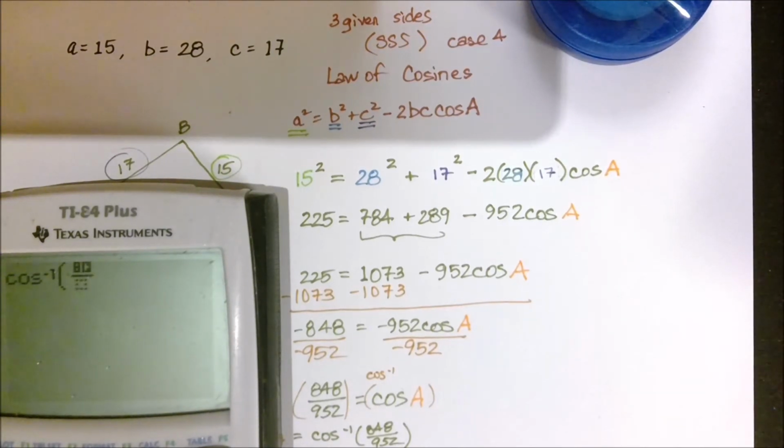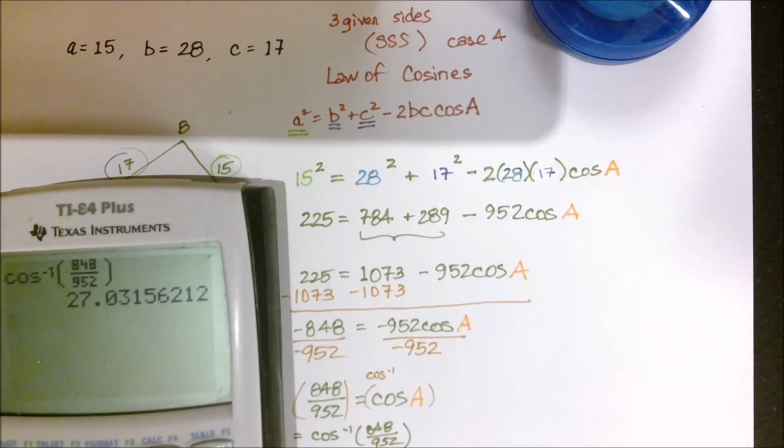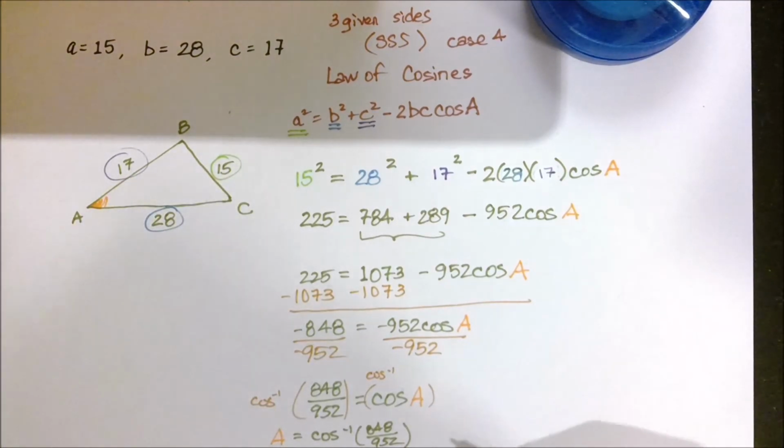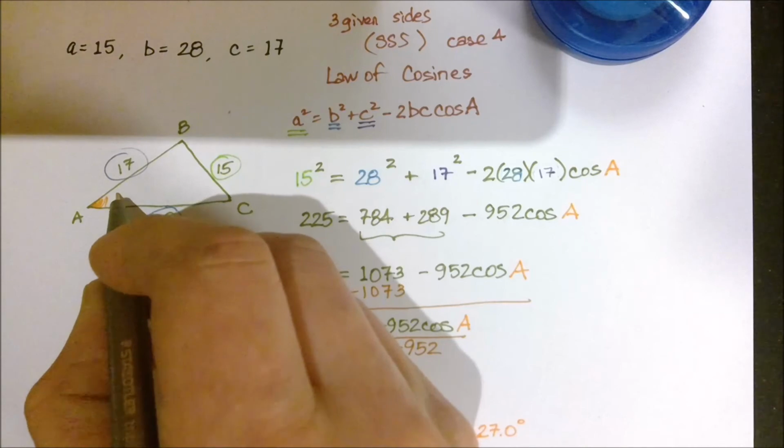And that's 848 over 952. And I get 27.03. And we'll just round to the nearest tenth. So I'm going to say that A is approximately equal to 27.0 degrees.